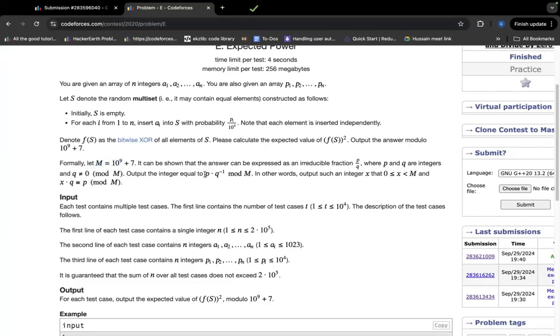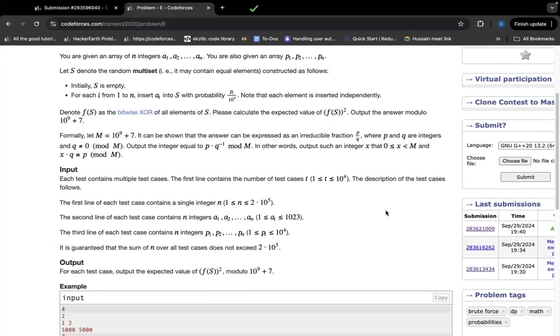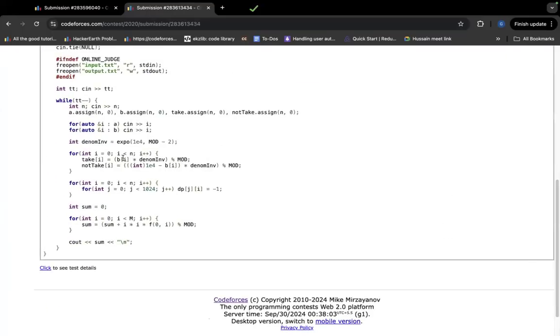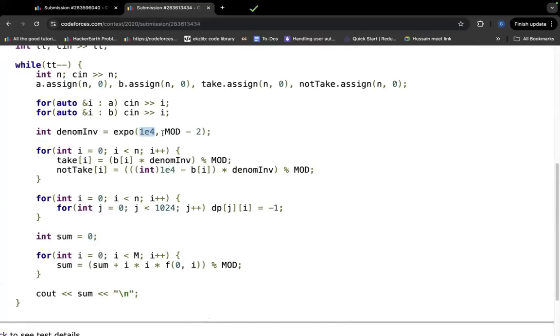What we have to do is P into Q inverse modulo mod. So this is just P into Q inverse, and Q inverse happens to be Q raised to mod minus 2. This is Fermat's little theorem. This is just basic number theory.